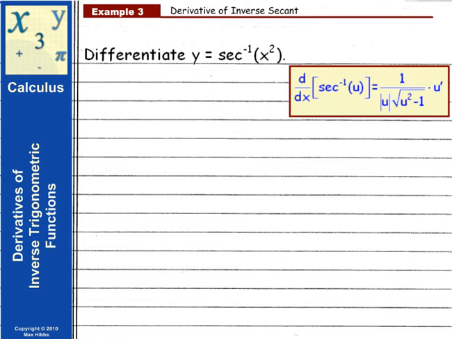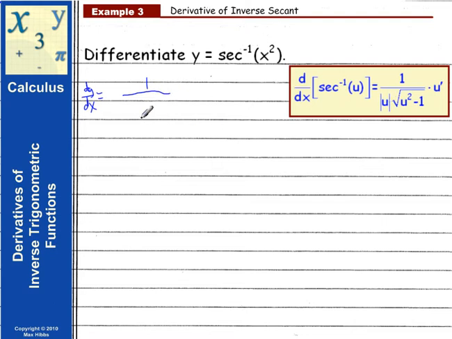So as we find dy dx, which is what we're looking for here, dy dx will be equal to 1 divided by, okay, 1 divided by the absolute value of u.